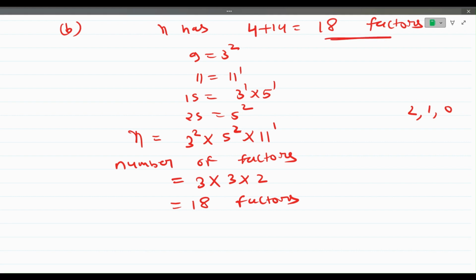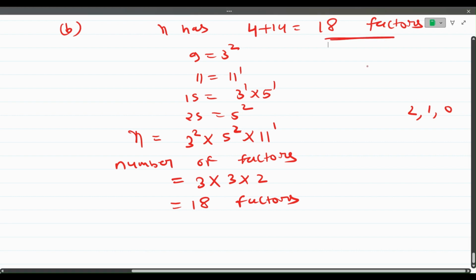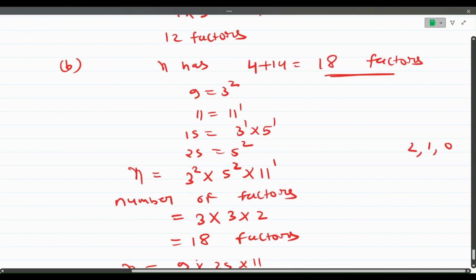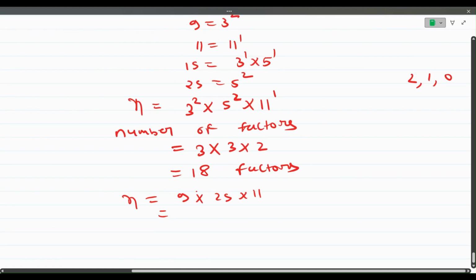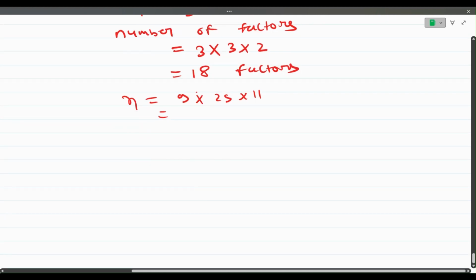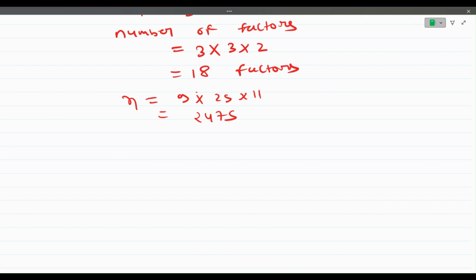So obviously this has 18 factors, so this should be the number, and n is equal to 9 times 25 times 11. Okay, so 9 times 25 times 11, this is 2475. So this is the value of n.